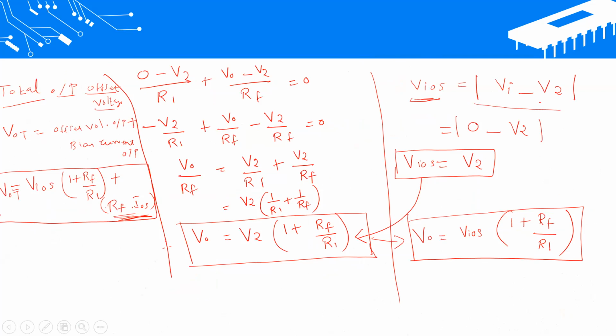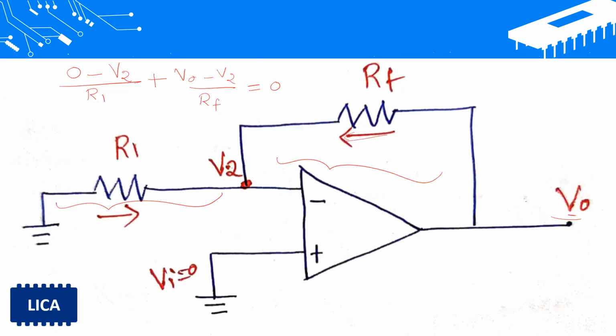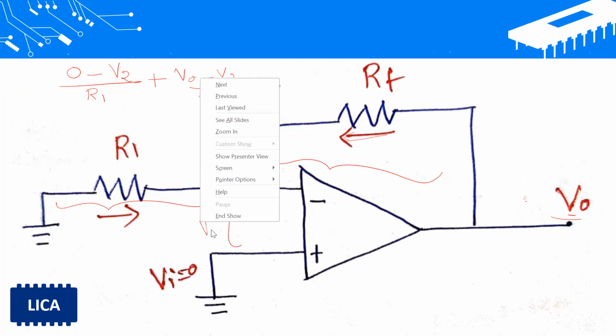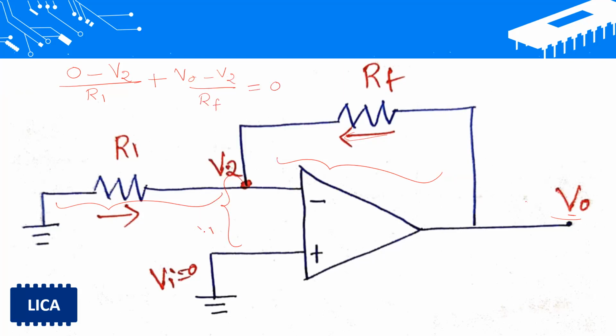How am I writing this from the diagram? The difference between V1 and V2 is VIOS. The difference between these two terminals is called VIOS, the offset voltage, or input offset voltage.